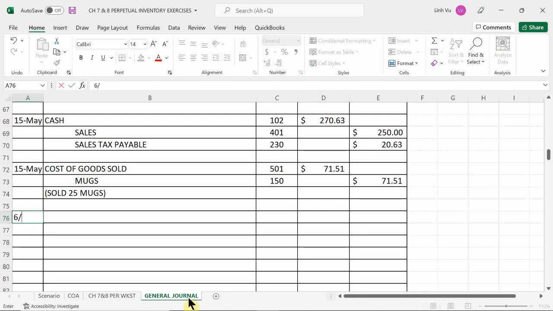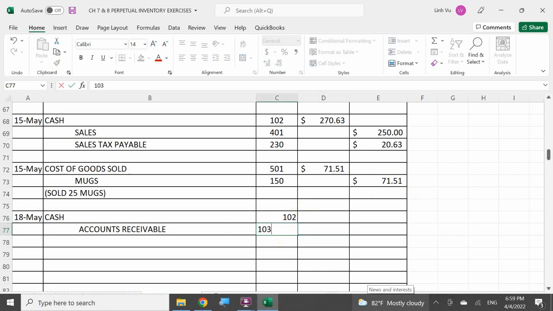So therefore, I need to make a note here. It's May 18, right? We received cash because that's what customer A paid me with. Okay? And we're going to reduce the accounts receivable because customer A ended up paying for what they owed me. So in this case, 103.